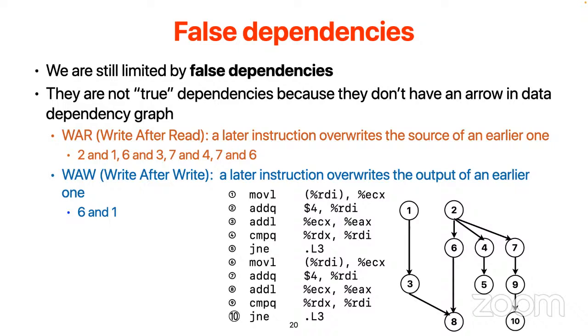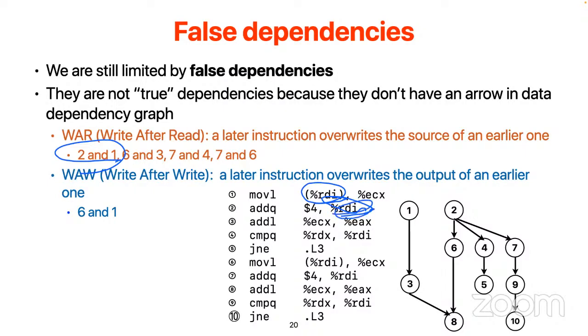For false dependencies, there are two types. The first type is called write after read. A later instruction overrides the source of an earlier one. For example, instruction 2 and 1: instruction 2 is overriding RDI, which is the one that instruction 1 depends on.